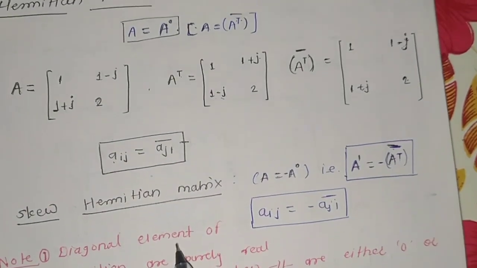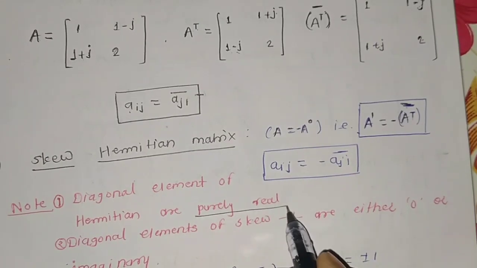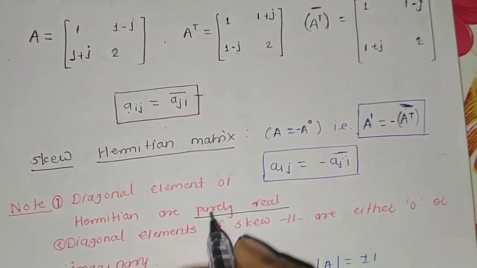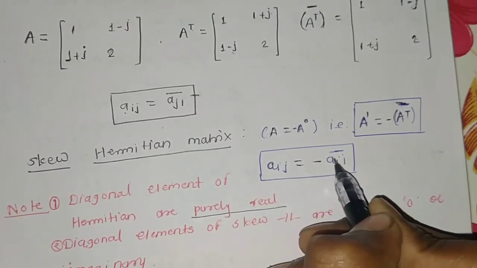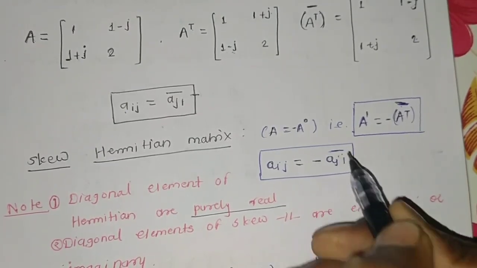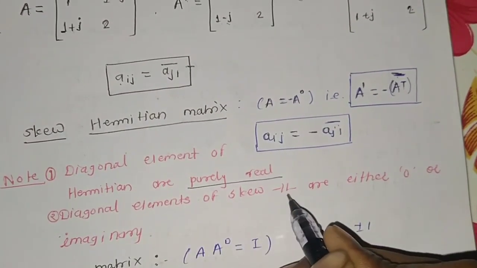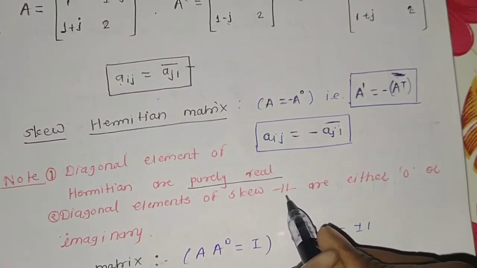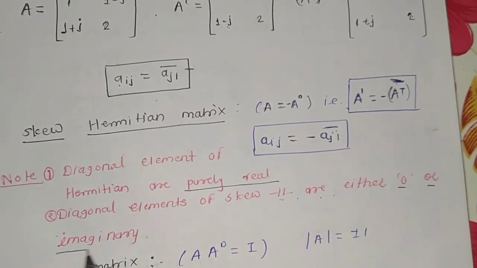So note, diagonal elements of a Hermitian matrix are purely real. Keep in mind Aij is equal to minus of Aji bar. And next point, diagonal elements of a skew Hermitian matrix are either 0 or imaginary.